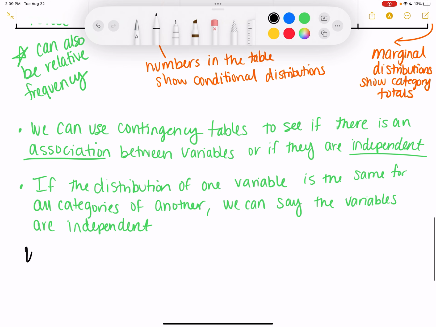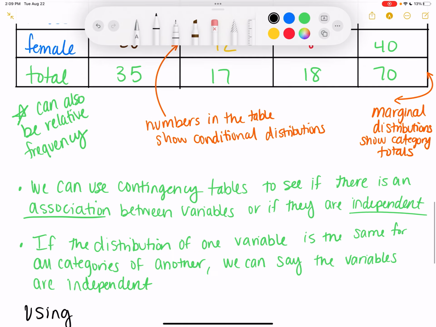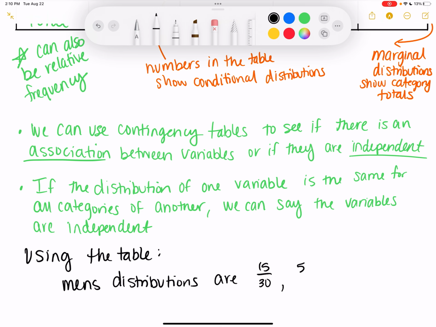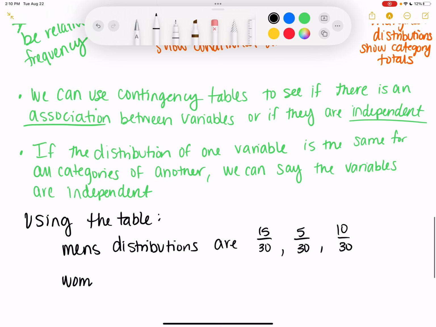All right, so using the table, this is going to refer back to the table that we just put up here. The men's distributions are 15 out of 30, 5 out of 30, and 10 out of 30. The women's distributions are 20 out of 40, 12 out of 40, and 8 out of 40.